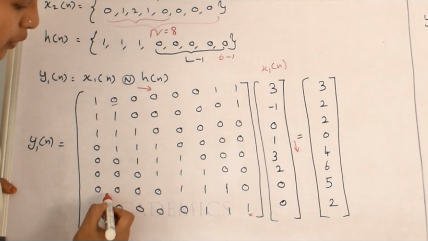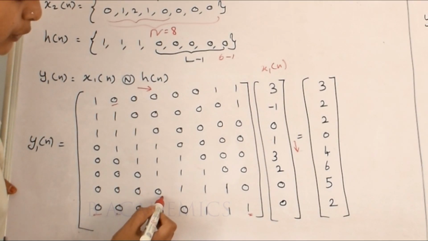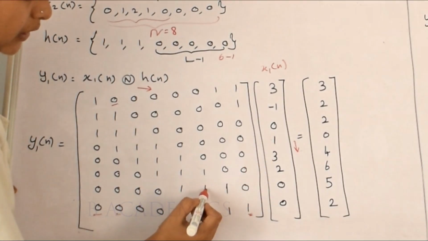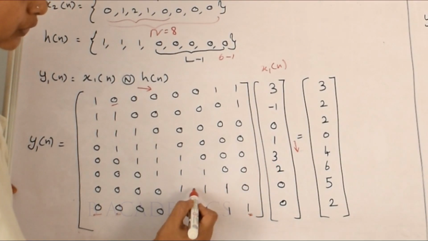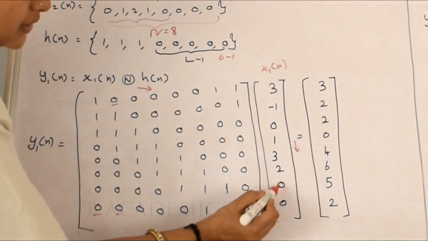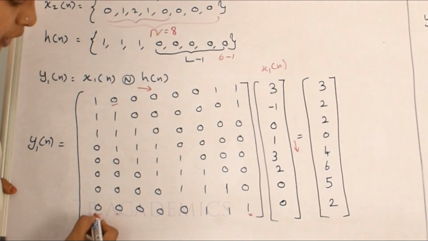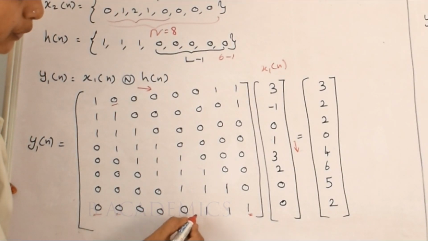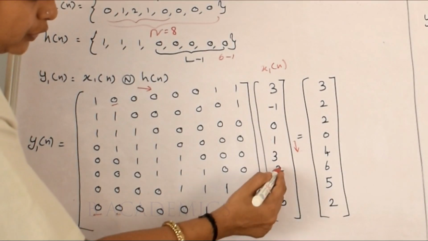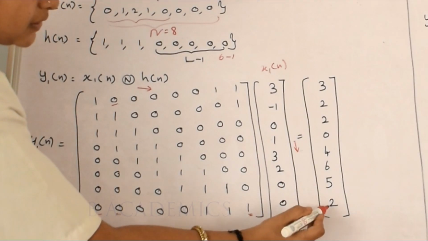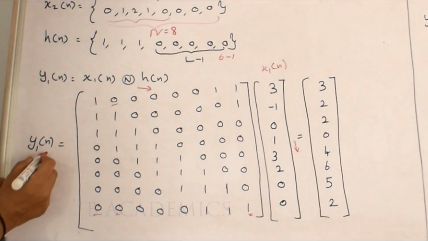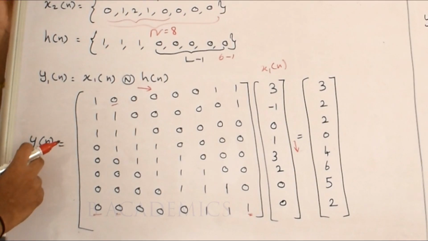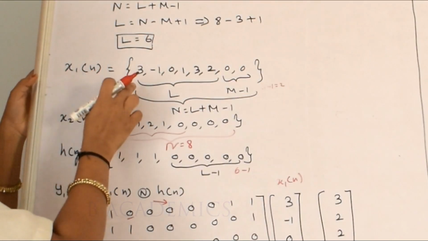In the next row, first 4 elements are 0. 1 into 3, 3. And 1 into 2, 2. So 3 plus 2, 5. The rest of the elements are 0. The last one, first 5 elements are 0. The last 3 elements, 1 into 2, 2. The rest of the elements are 0. So this is your y1 of n, which is the output of first subblock.